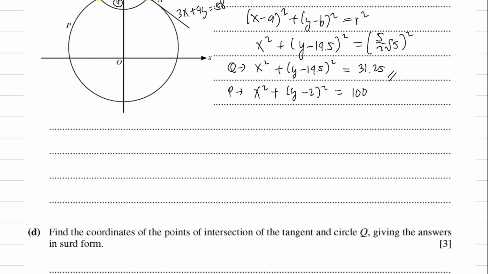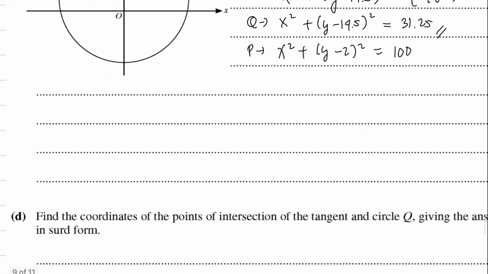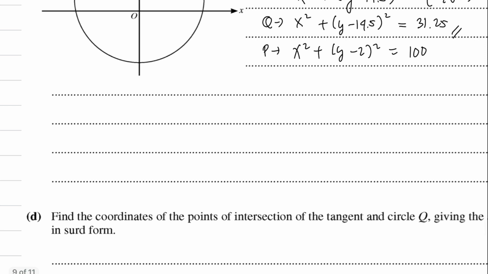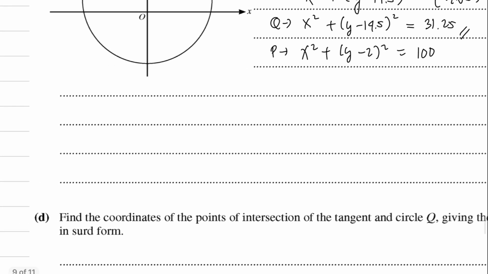So how to find the intersection between two circles now? We need to substitute, right? Or you can do elimination. So let's do elimination. I want to subtract P with Q. x squared plus (y minus 2) squared equals 100. x squared plus (y minus 14.5) squared equals 31.25.